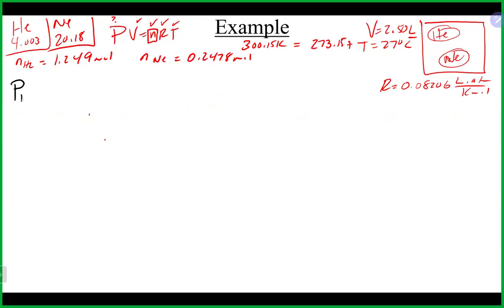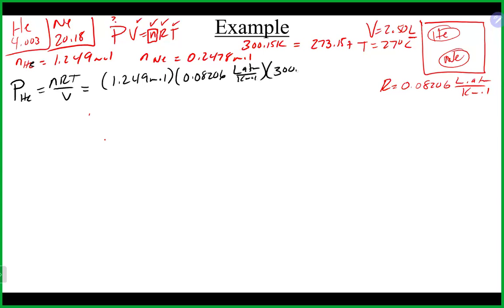So once for our helium, and that would equal nRT divided by V. So putting in my moles of helium, 1.249, my R, 0.08206 liters atmosphere per Kelvin mole, my temperature, 300.15 Kelvin, all divided by my volume, which is the same, 2.50 liters.